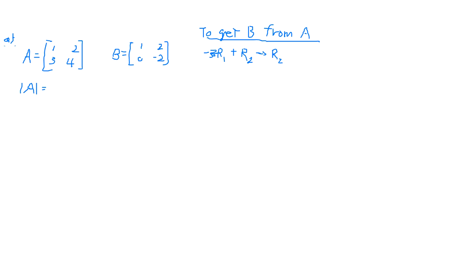That's 4 minus 6, and that equals negative 2. What about the determinant of B? Oh, that's negative 2 also.